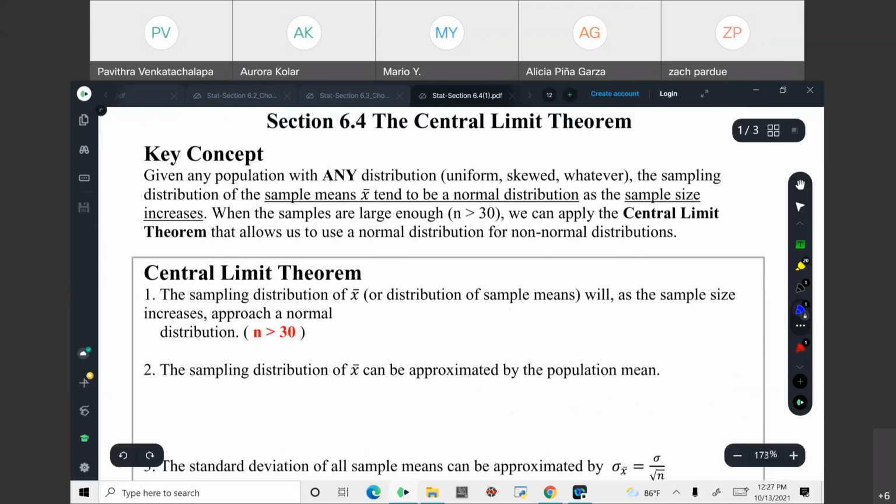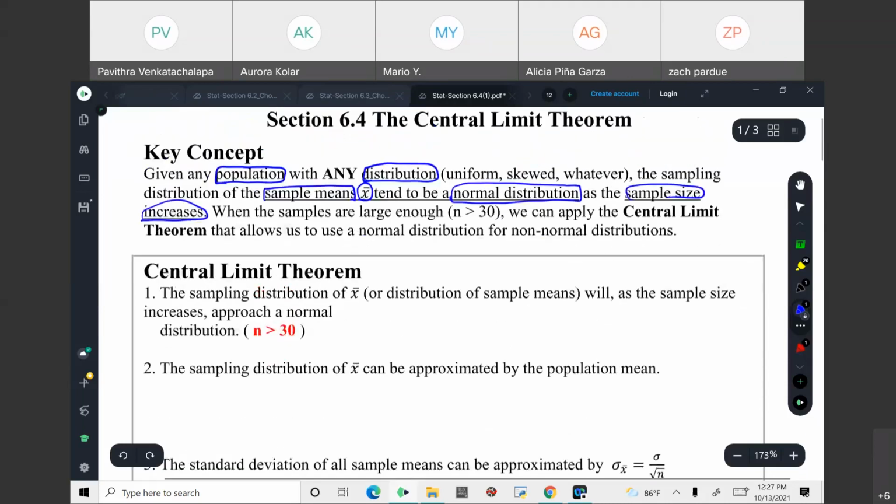This theorem tells us that for any population with any kind of distribution, it could be probability distribution, uniform distribution, or skewed, the sampling distribution of the sample means x bar tends to be a normal distribution as the sample size increases.